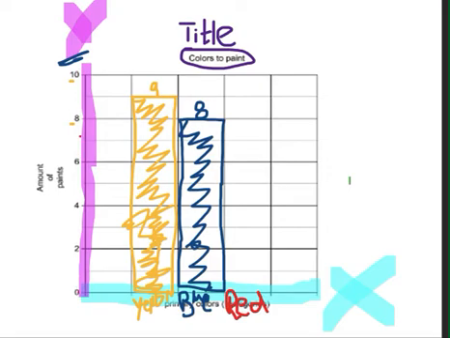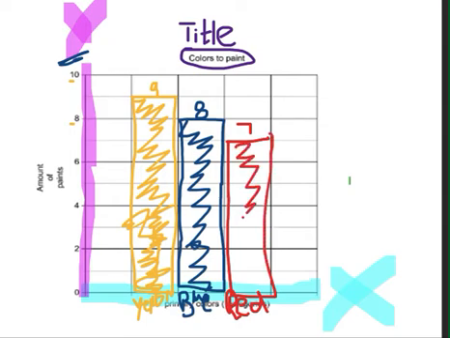I see even numbers, but I know that the number 7 is between 6 and 8. So right between them, I'm going to put a line. I'm going to put 7, and I'm making a bar like that. And now I have the data to represent how many primary colored paints that I had. And that's how you make a bar graph.